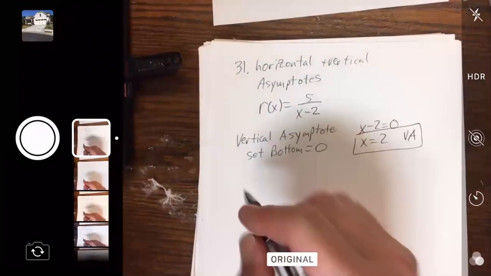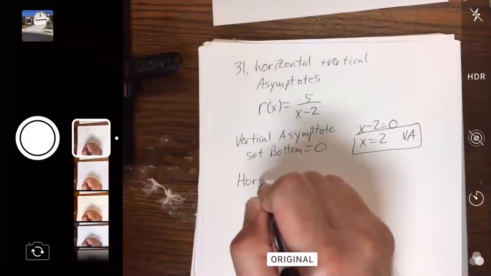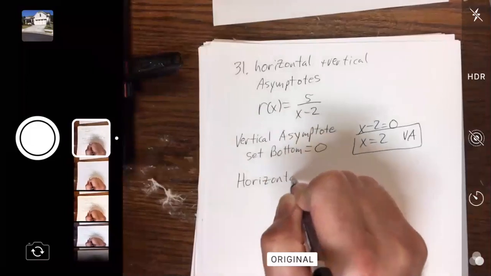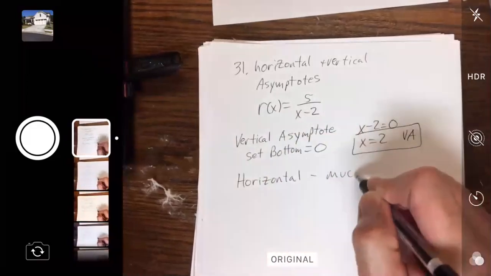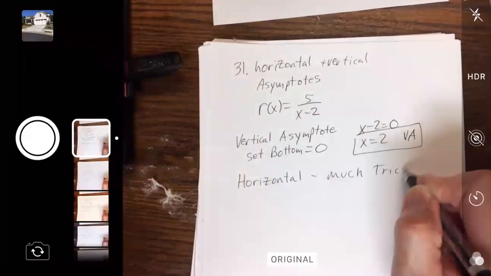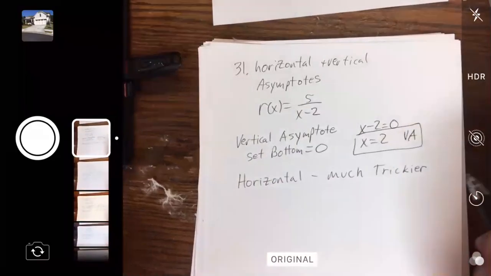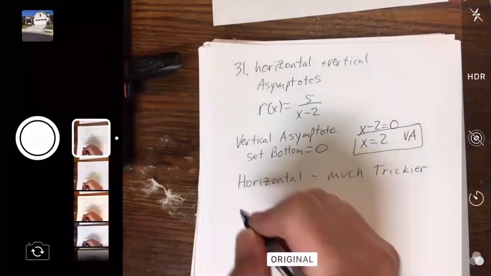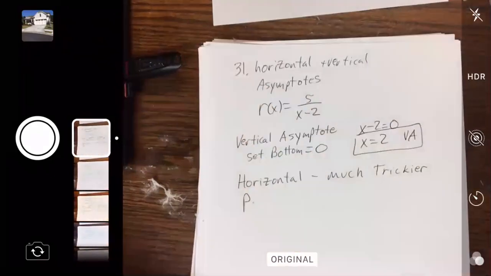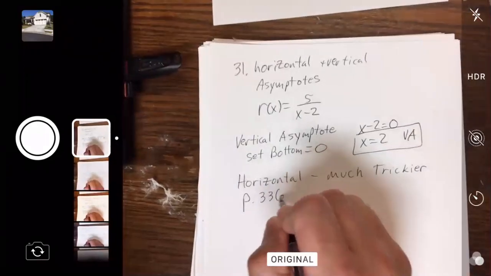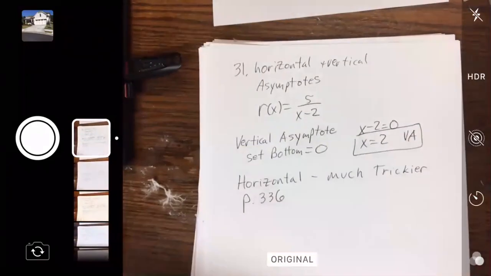The horizontal, much trickier. Look on page 336, and look at this gibberish.